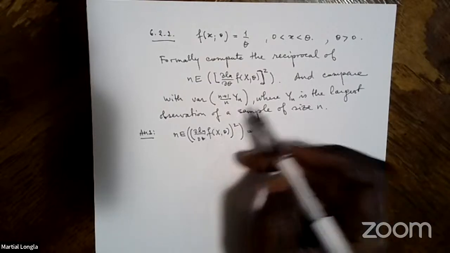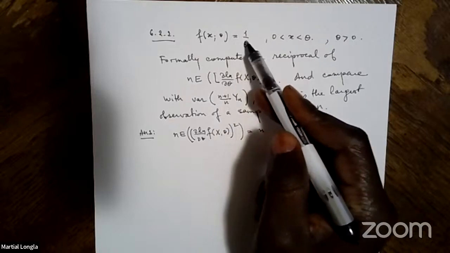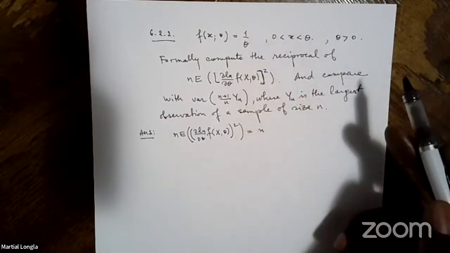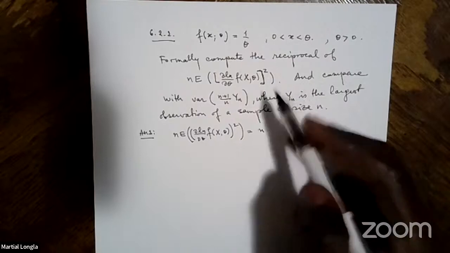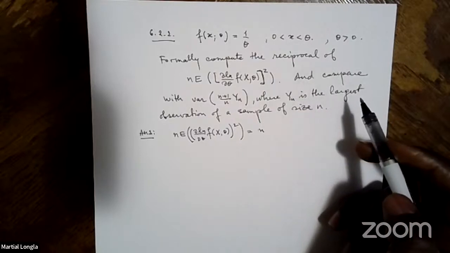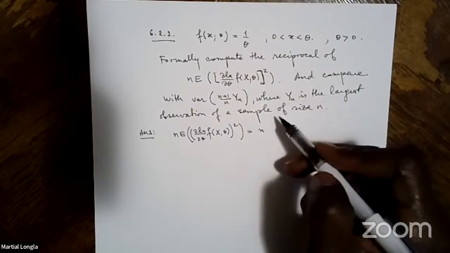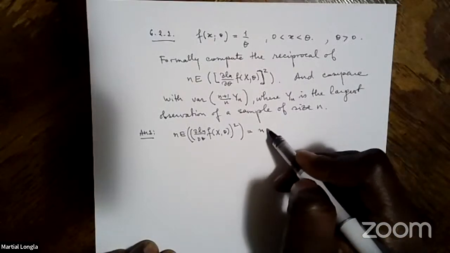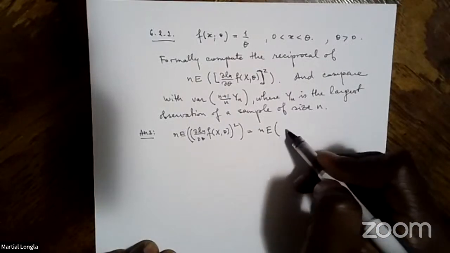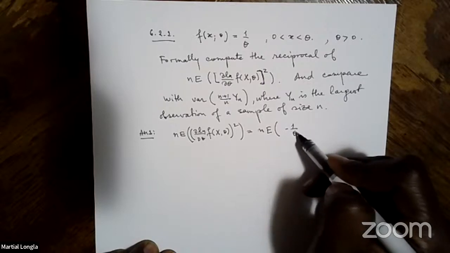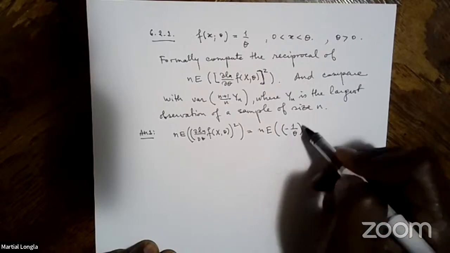First of all, you take the natural log of this, you get negative ln of theta, right? You take the derivative, you get minus 1 over theta. So this is going to be the expected value of minus 1 over theta, squared.